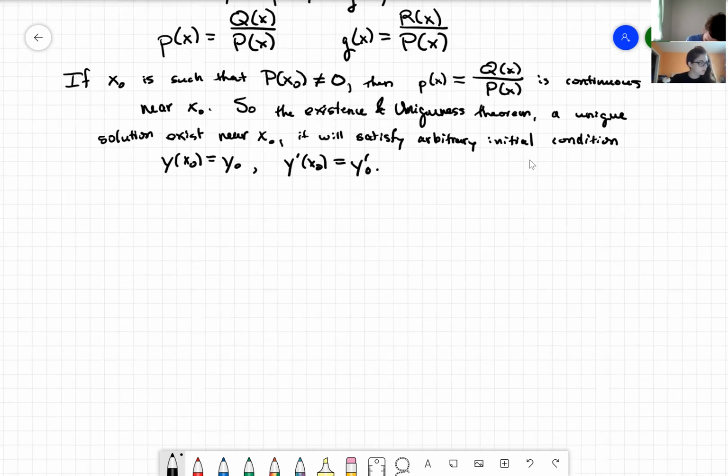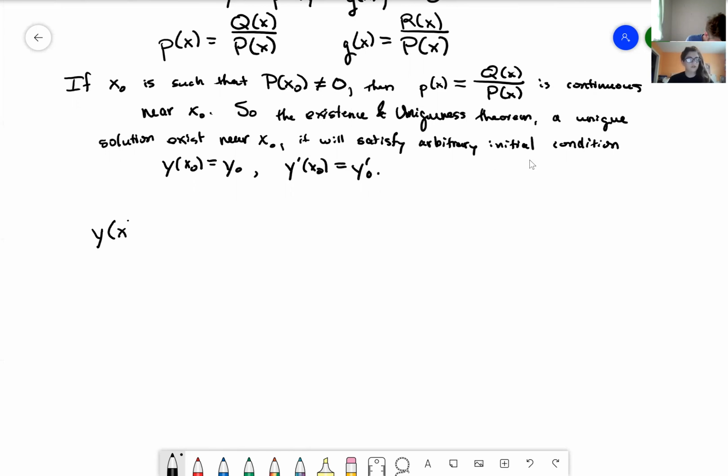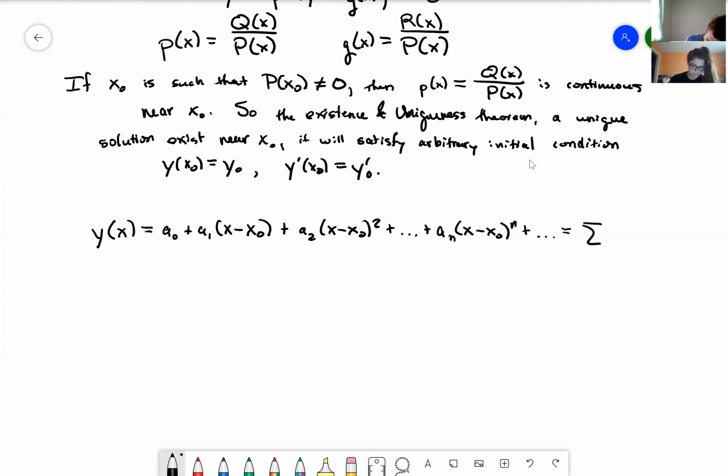We're going to seek solutions, like we said before. y of x is equal to a0 plus a1 times (x minus x0) plus a2 times (x minus x0) squared, and so on. The general term will be an times (x minus x0) to the n. Of course, we write it in sigma notation like this: the sum of an times (x minus x0) to the n.